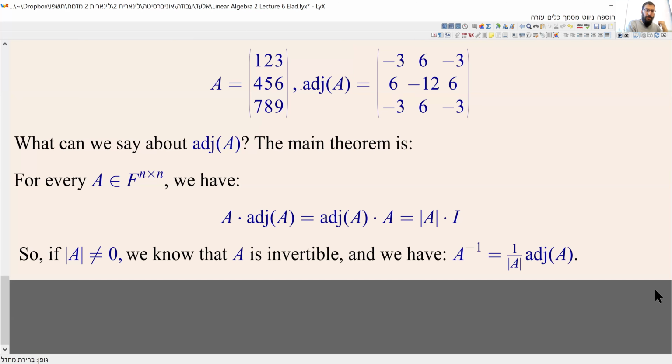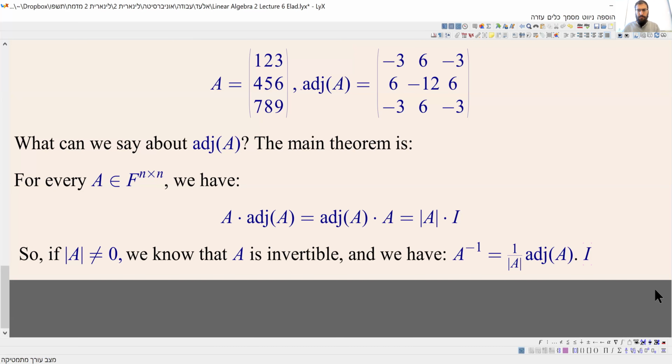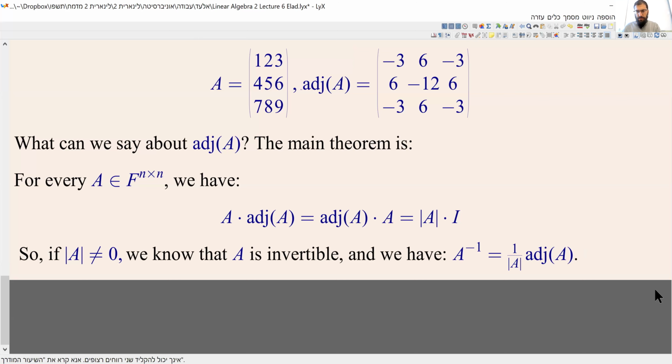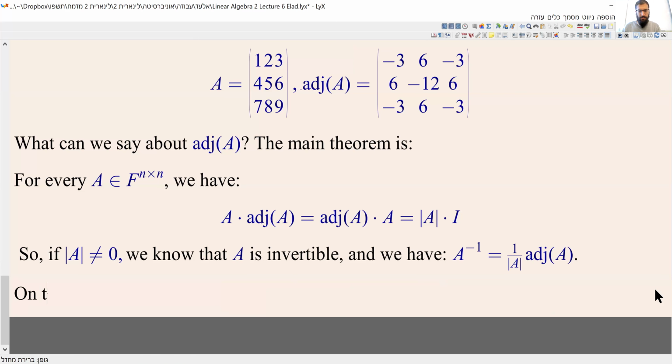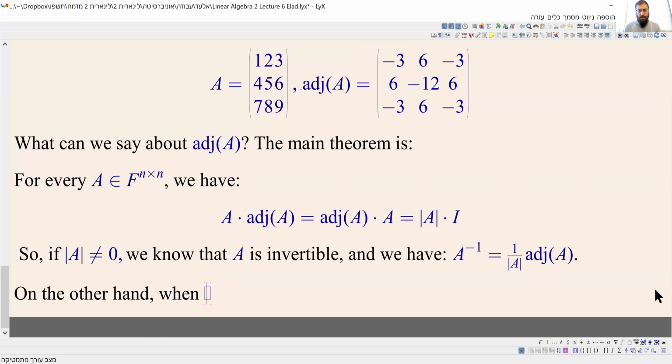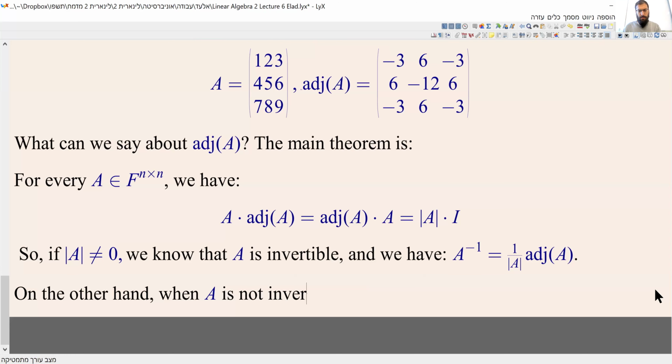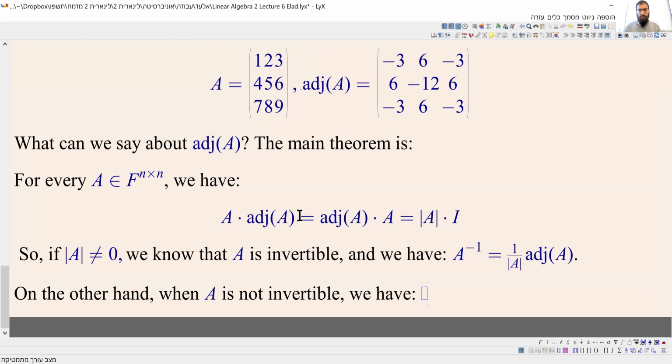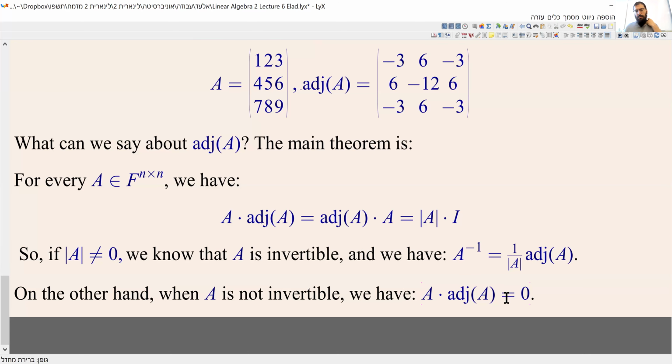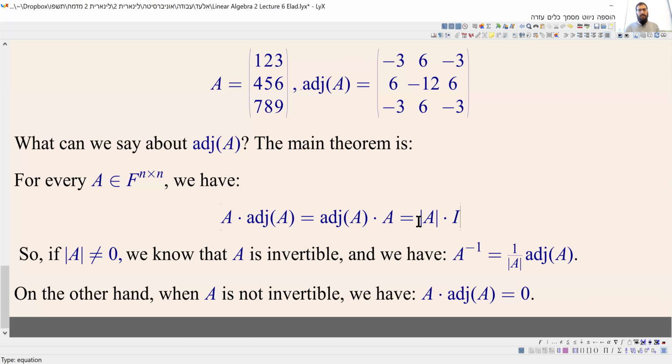And if A is not invertible, on the other hand, when A is not invertible, called singular, we have that the multiplication of A and the adjugate matrix of A is just 0, because the determinant is just 0, and you get 0 all the way up.